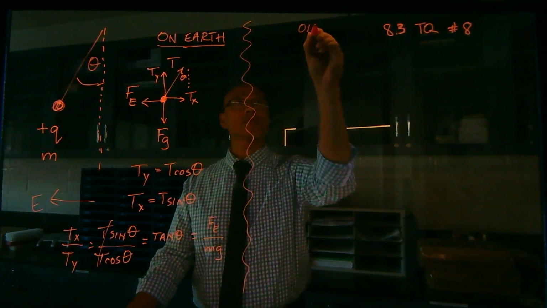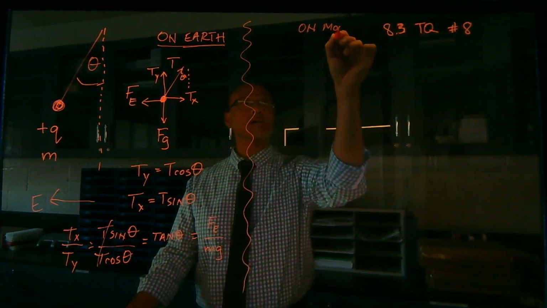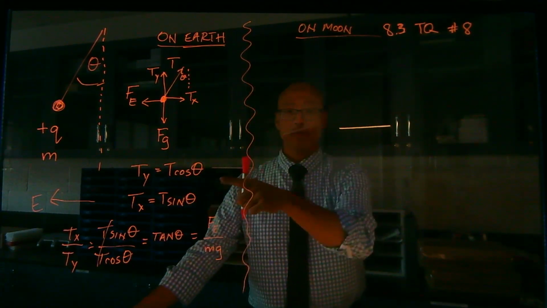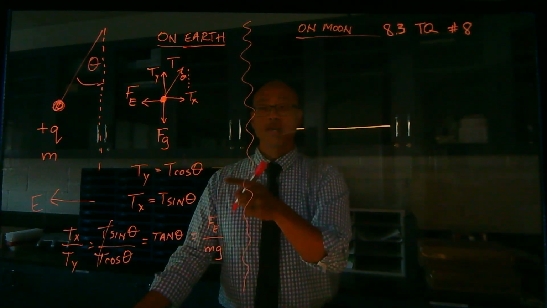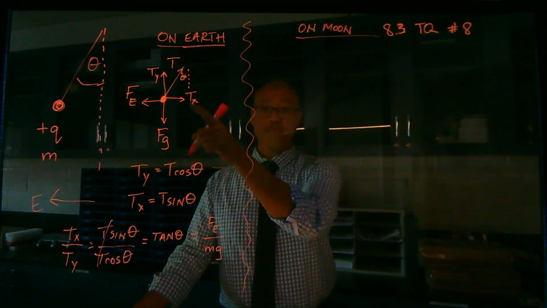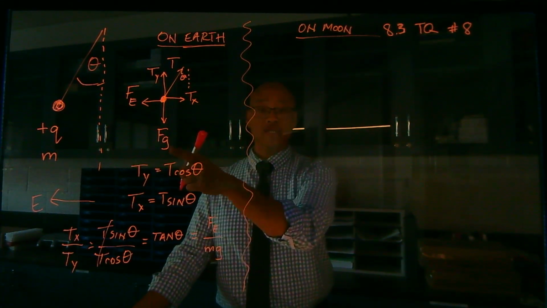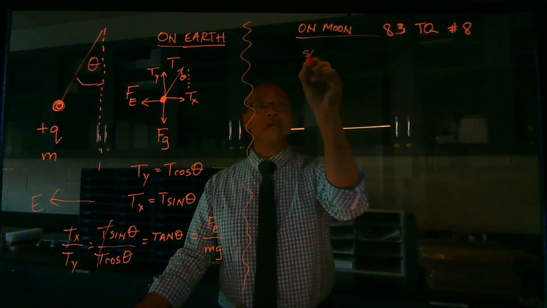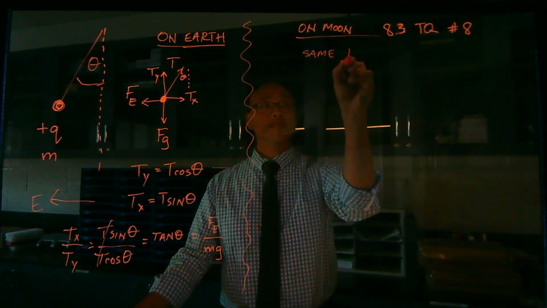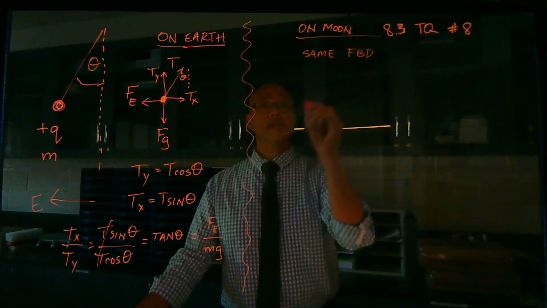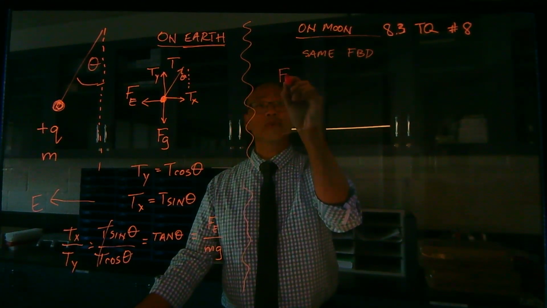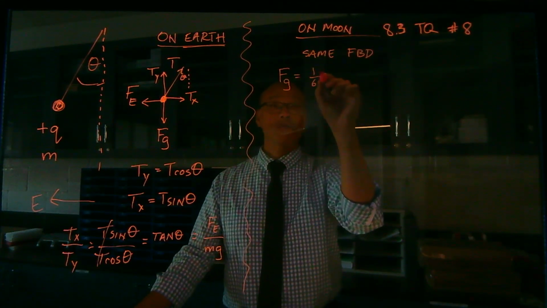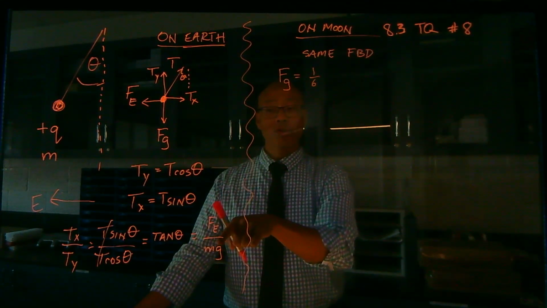On the moon, what has to happen? If you followed that derivation for Earth, the same situation has to happen. The only thing that's different on the moon is this Fg value. So on the moon, we have the same free body diagram, but the only thing that's different is that Fg is going to be 1/6 of Fg on Earth.